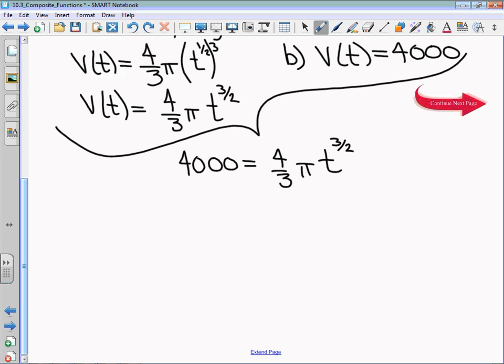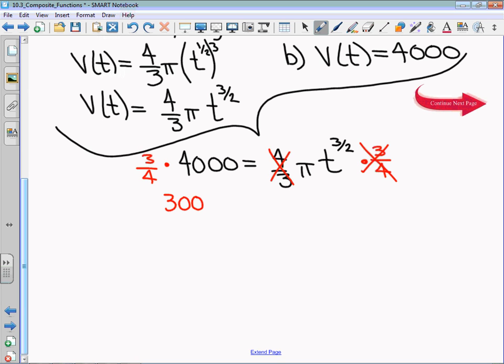There are a lot of different ways of doing this, but my preferred technique is to isolate the variable first and then deal with the exponent after. I'm going to multiply both sides by the reciprocal of the fraction, which is 3/4. 4/3 times 3/4 is 1, so it's gone. 3 times 4,000 is 12,000, and 12,000 divided by 4 is 3,000.